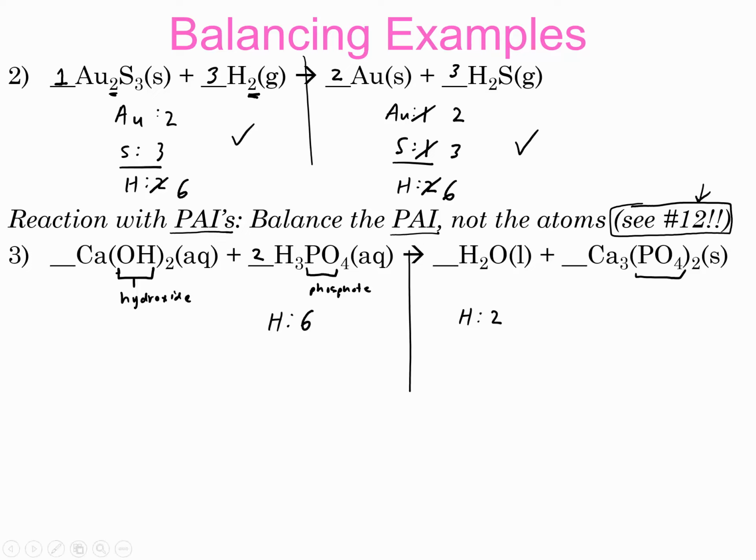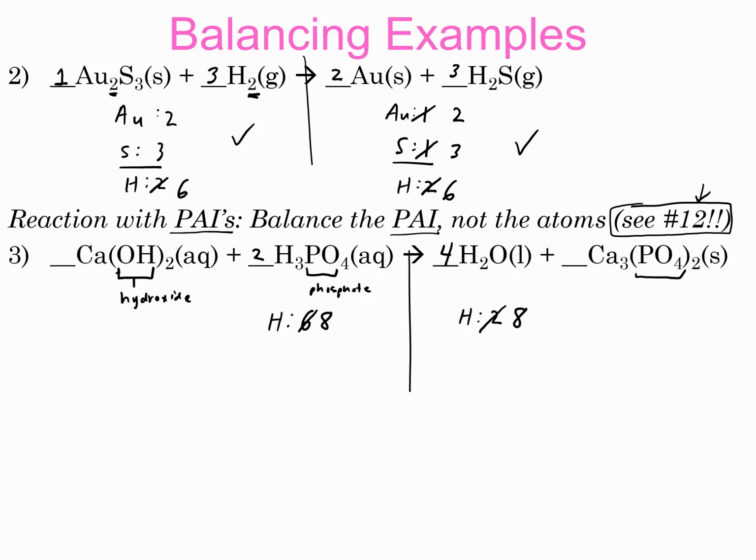I actually have 2 H's from this, and since I put a 2 there, now I have 6. So I have a total of 8 H's. So I'm going to try putting a 4 here, and then now this will be 8.